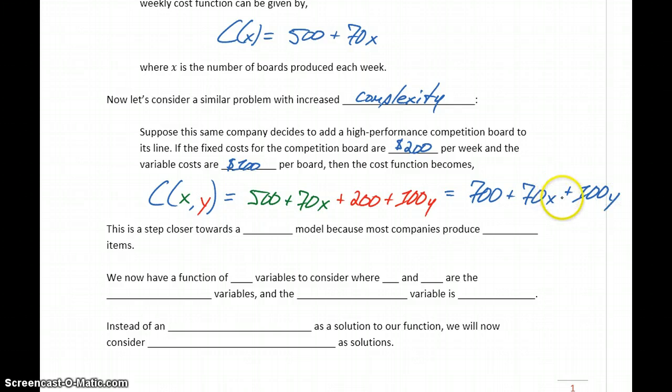So now we have a function that has two independent variables, x and y, and this is getting us a step closer to what we could consider to be a real-world model, because most companies typically produce multiple items, or our costs, profits, revenue usually depend on more than just a single variable.